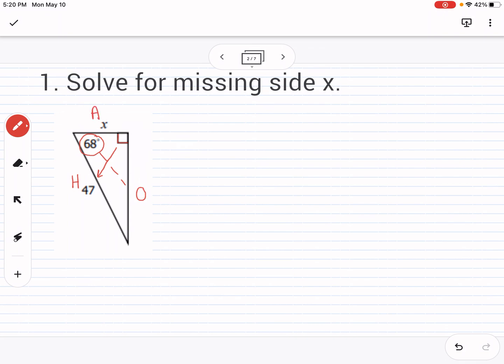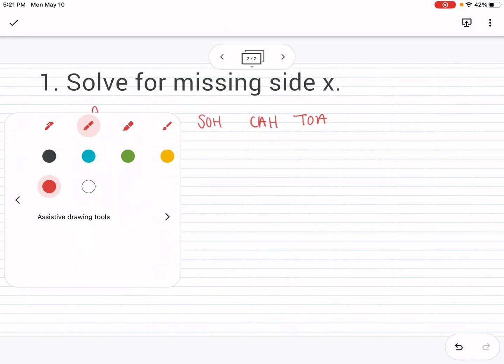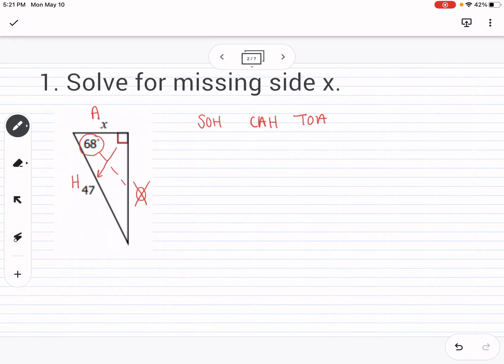The leftover side would be A. I'm going to cross out O because it's on the blank side, so there we would have nothing to plug in. For A, we have an X. For H, we have a 47. Now I'm deciding between SOH, CAH, and TOA. Since I have the letters A and H left, I'm going to use CAH because those come out in CAH.